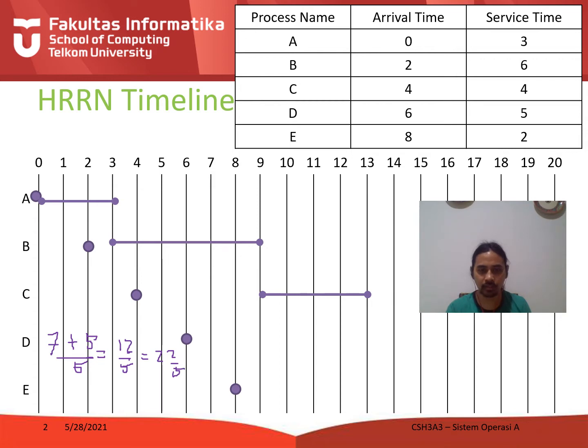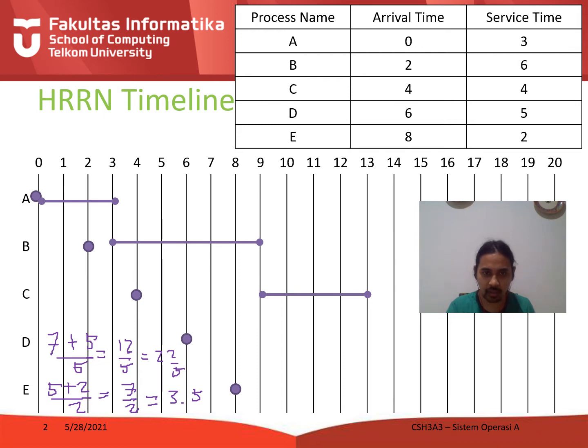And E has waited from 8 to 13, meaning that it has waited for 5 seconds, and it has 2 seconds of service time, so this is 7 divided by 2, which is 3.5.